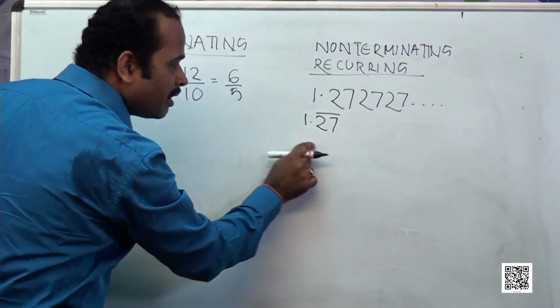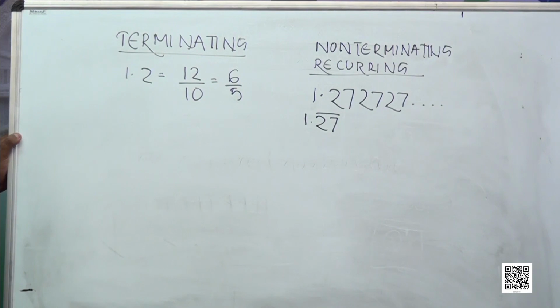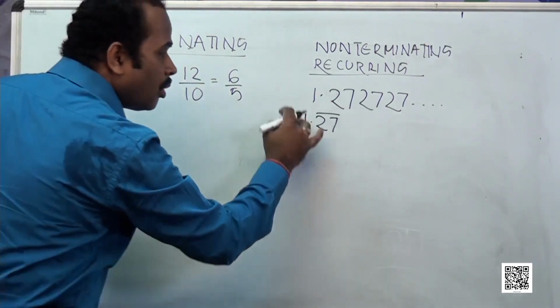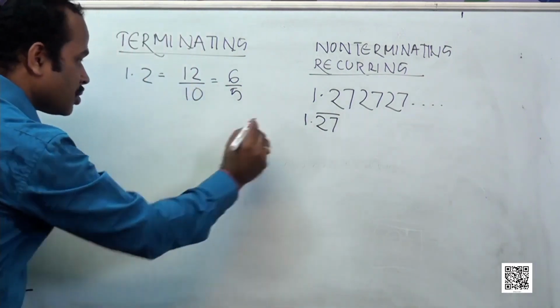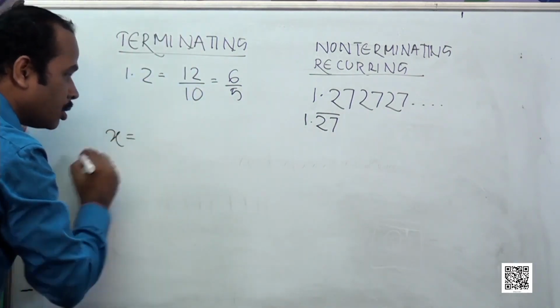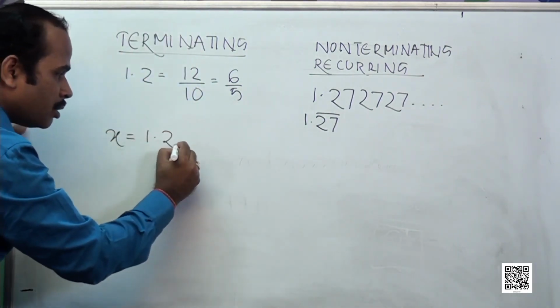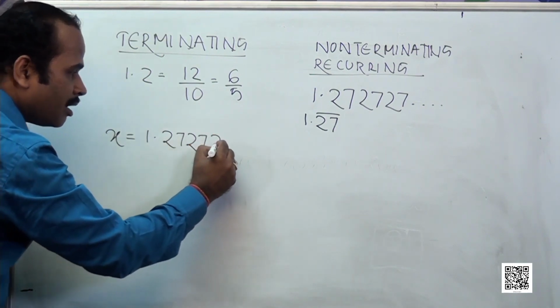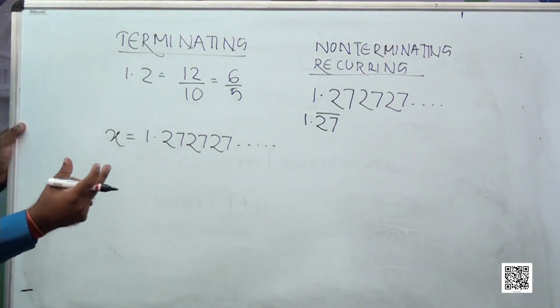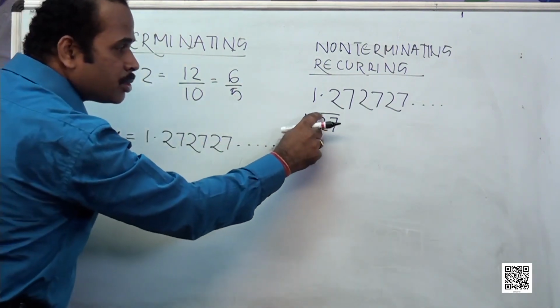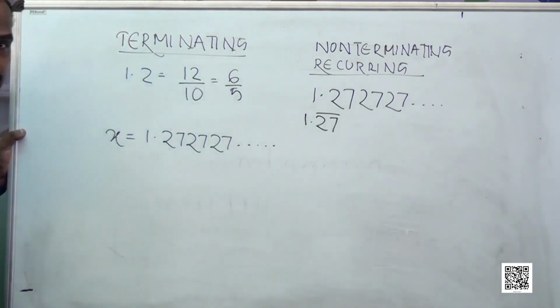So how to convert such numbers into rational numbers? Let me take this entire number as x. So I will write x equal to 1.27 and so on. Now how many digits are repeated? Here you will find these 2 digits are repeated after the decimal point.